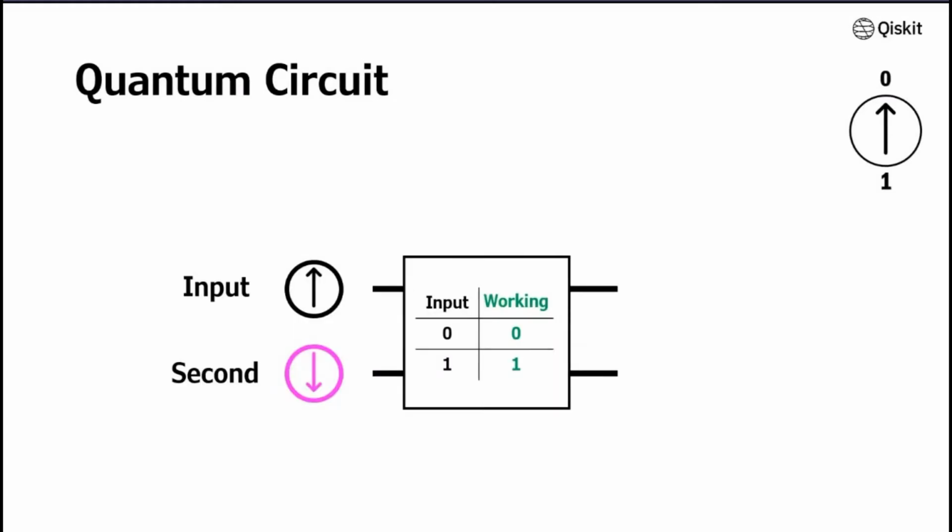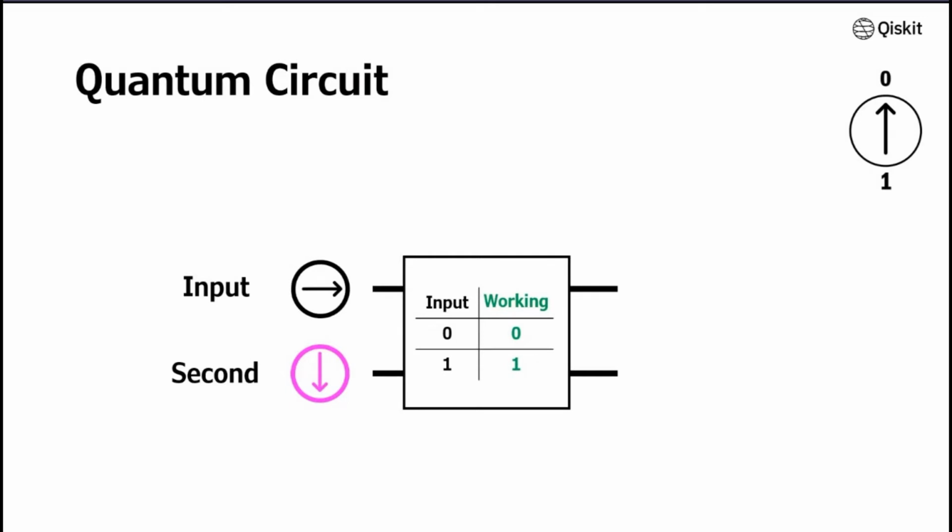Let's say we prepare the state in a superposition state, which is either 0 or 1 at the same time. What happens when you put this superposition state into the circuit? Well, this is 0 and 1 at the same time, and my output will depend on the 0 or 1.